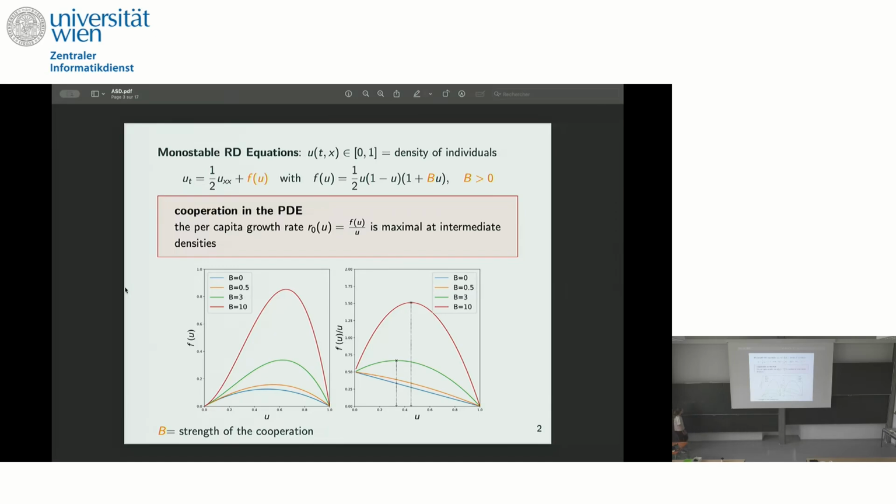That's why we call this a cooperation term. So in this cooperation term, I have a positive dependency on the density u.